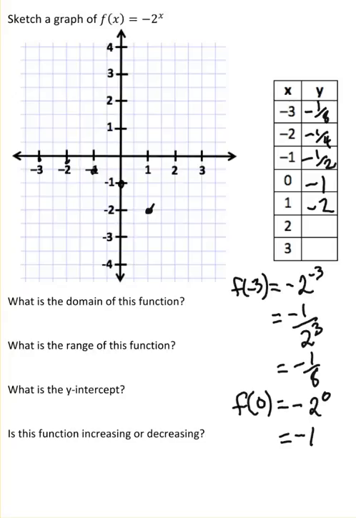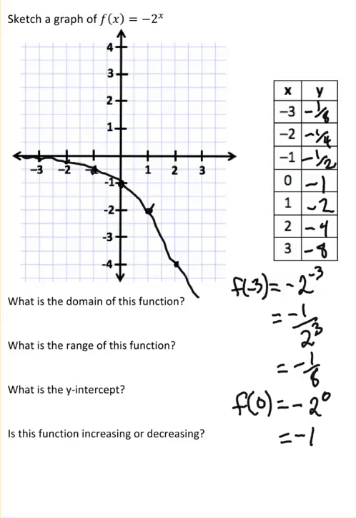When x equals 2, I get negative 2 squared, or negative 4, down here. And when x is 3, I get 2 to the 3, but then negative, so it's negative 8, which is off my graph. All right, so my graph should look something like this here. It's not a perfect graph, but something like that.